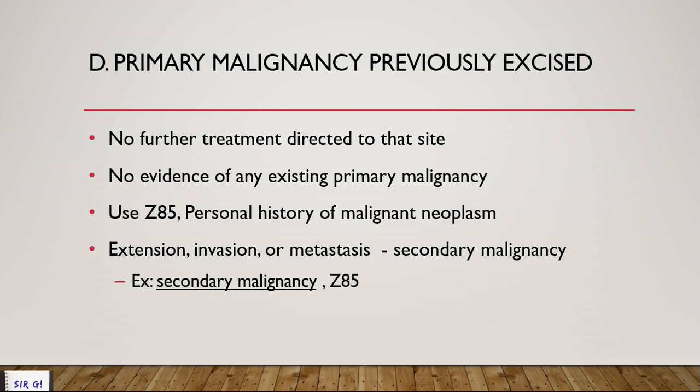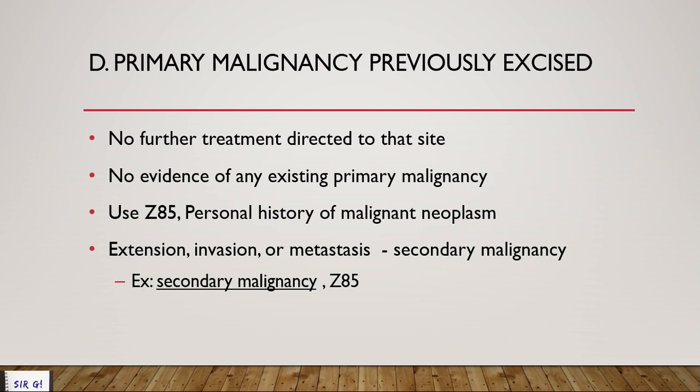Okay? Primary malignancy previously exists. So if there's no further treatment directed to the site, no evidence of any existing primary malignancy, you may now use your history. Z85 Personal history of malignant neoplasms.